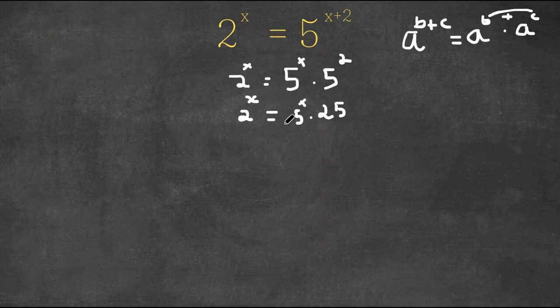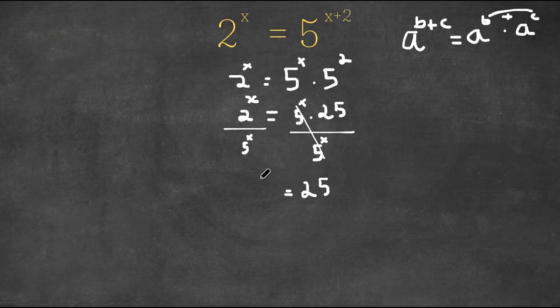Now what we're going to do is we're going to divide both sides by 5 to the power of x. So if we divide both sides by 5 to the power of x, well, for this side, these two will cancel out. So on our left-hand side, we'll just have 25.